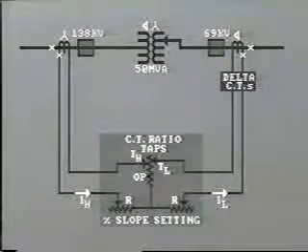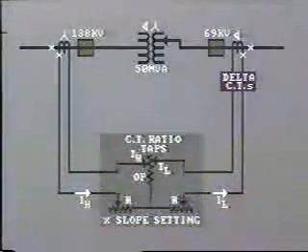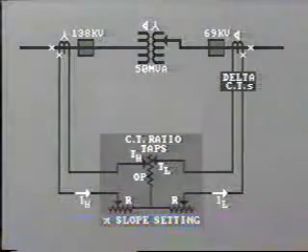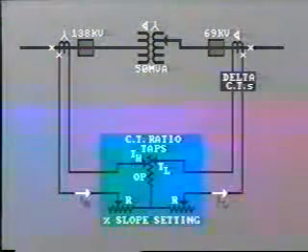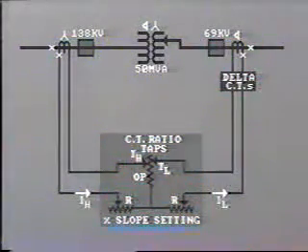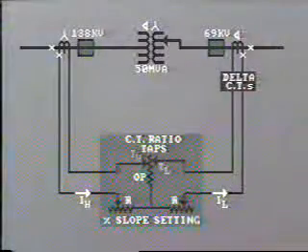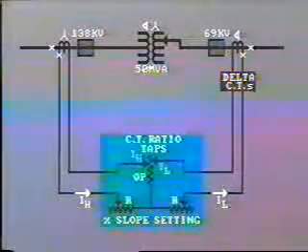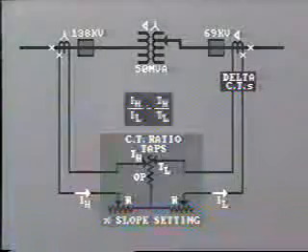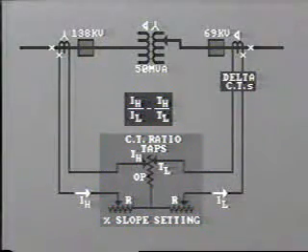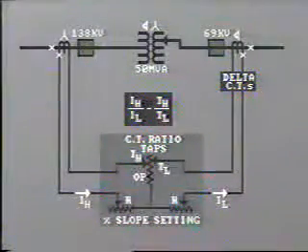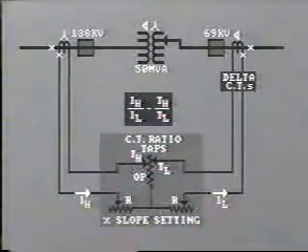In fact, this mismatch can be evaluated by comparing the difference in the ratio of high side current to low side current against the ratio of high side tap setting to the low side tap setting. That is IH over IL minus TH over TL.